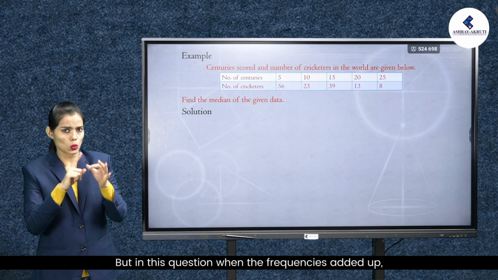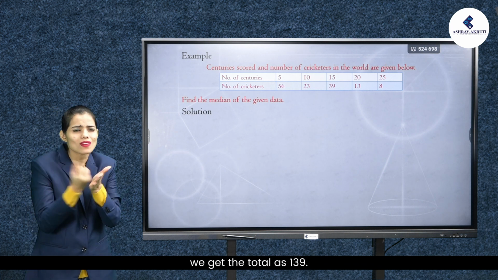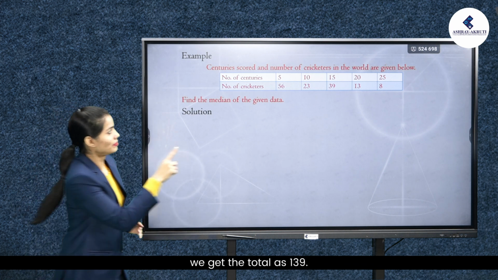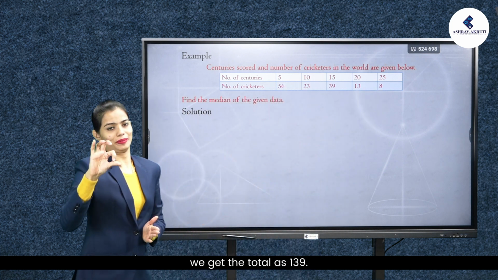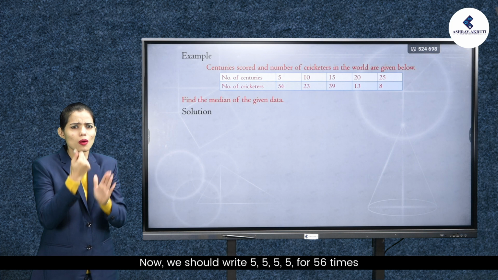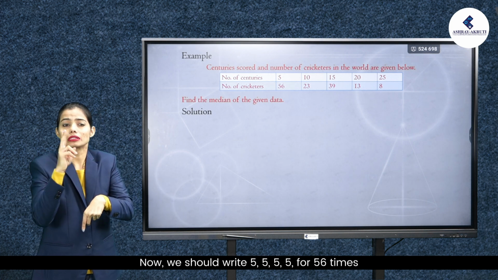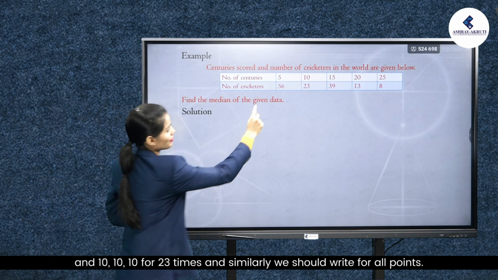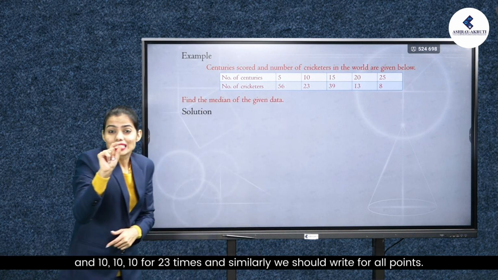But in this question, when the frequencies are added up, we get the total as 139. Now, we should write 5, 5, 5, 5 for 56 times and 10, 10, 10 for 23 times, and similarly we should write for all points.